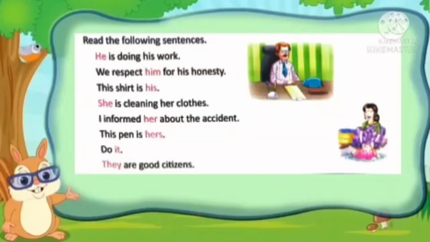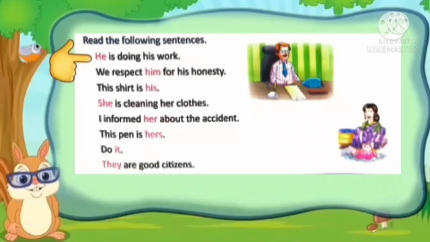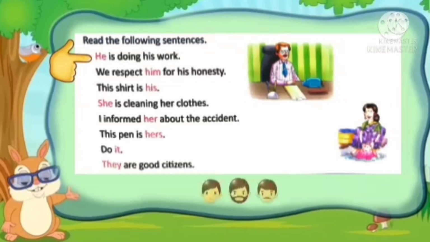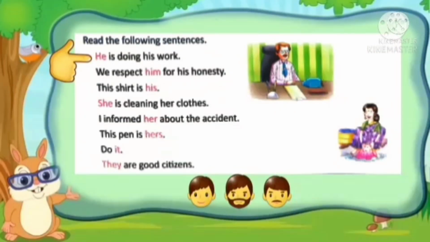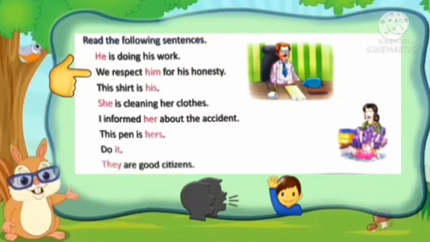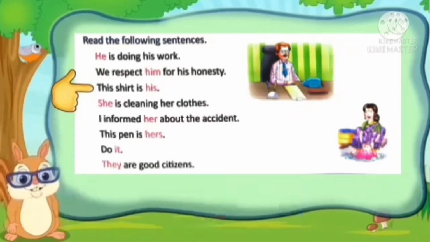Now children, read the following sentences. He is doing his work. वह अपना काम कर रहा है. Now he is referred to a boy or a man, a male person. Next, we respect him for his honesty. Again, हम किसी और के बारे में बात कर रहे हैं. This shirt is his. यह उसकी शर्ट है.